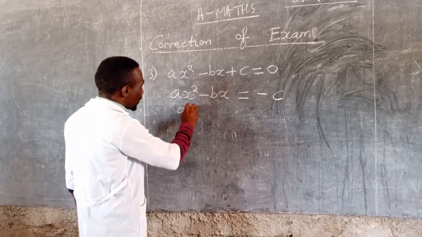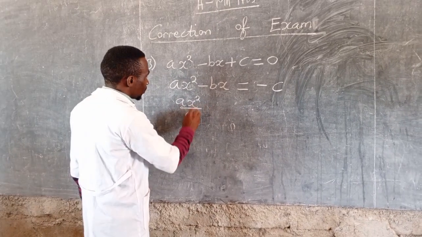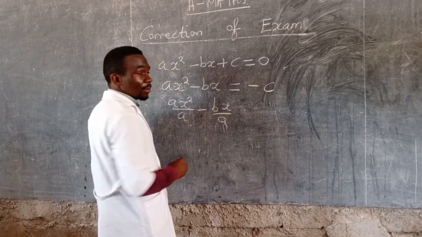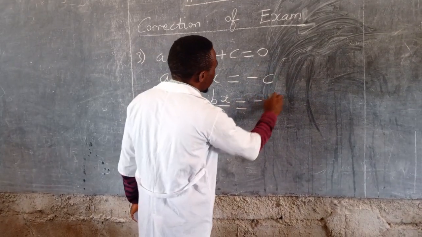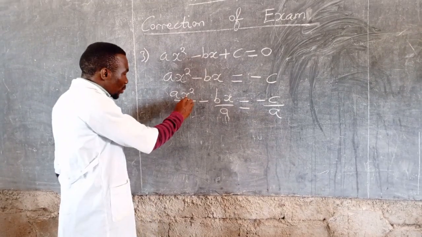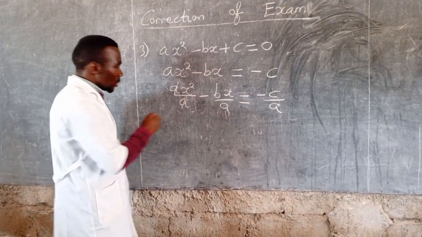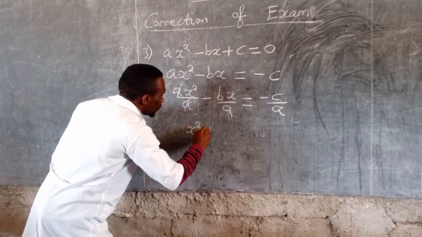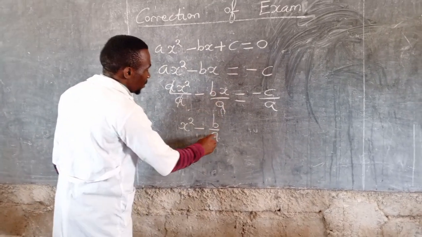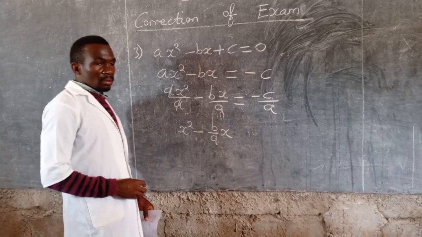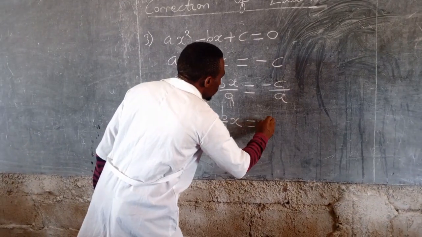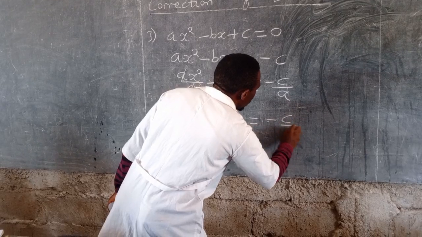So we divide both sides by a: minus bx divided by a is equal to negative c divided by a. You will see a will cancel a. You will be left with x squared minus b over a times x, equal to negative c on a.